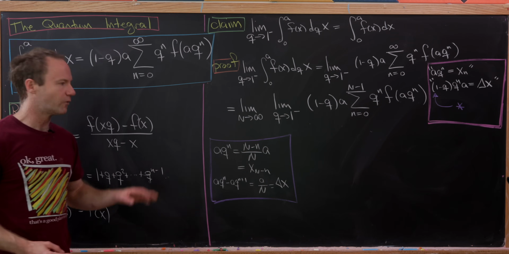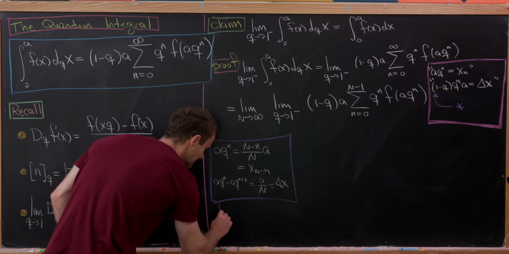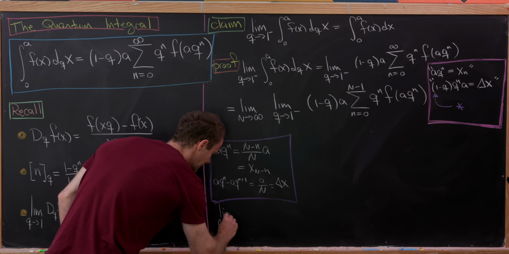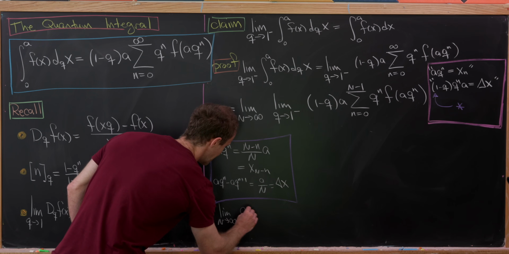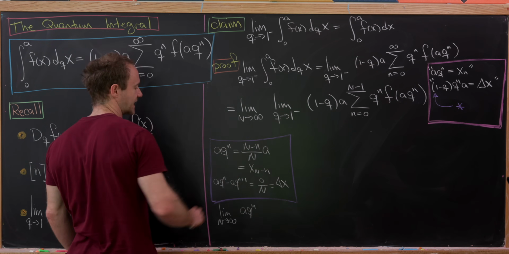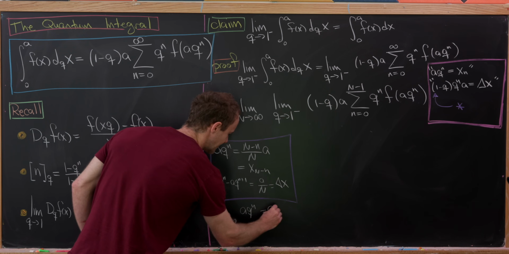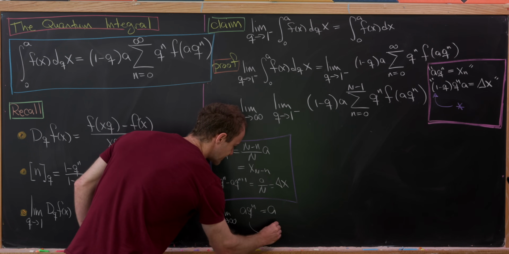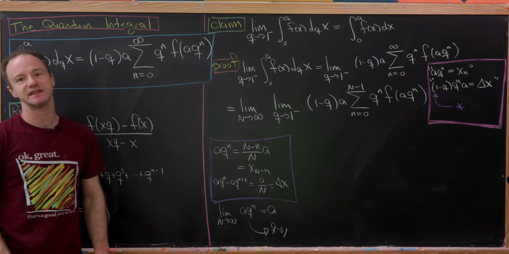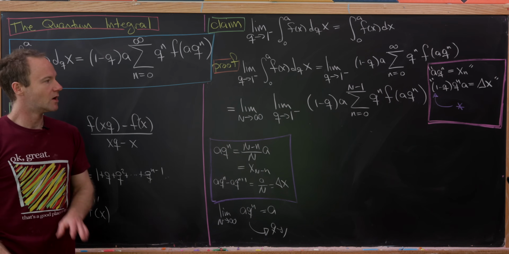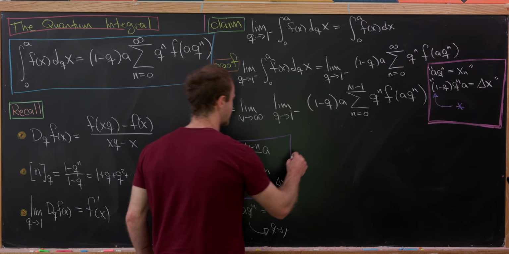Oh, actually, before we rewrite it, let's notice that as the limit as capital N goes to infinity of this substitution, this a times q^n, looking at it as this right-hand side, is equal to a. But that corresponds to the limit as q goes to 1. So this is actually smashing these two limits together.